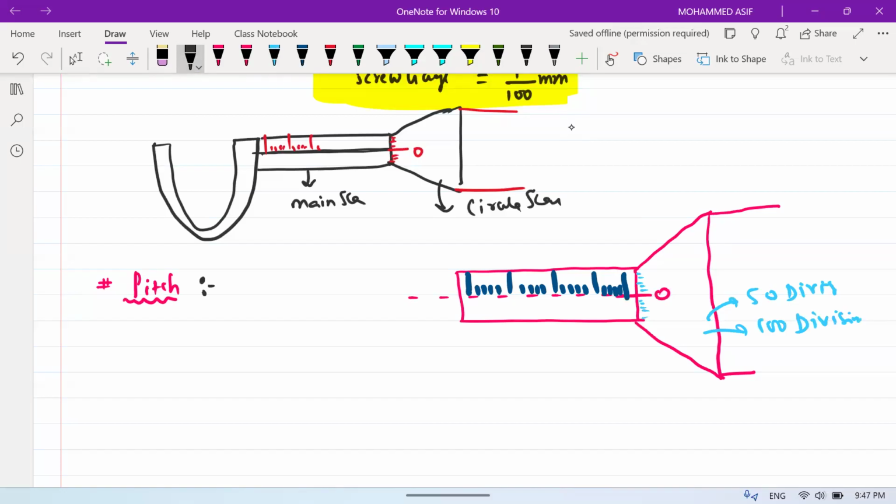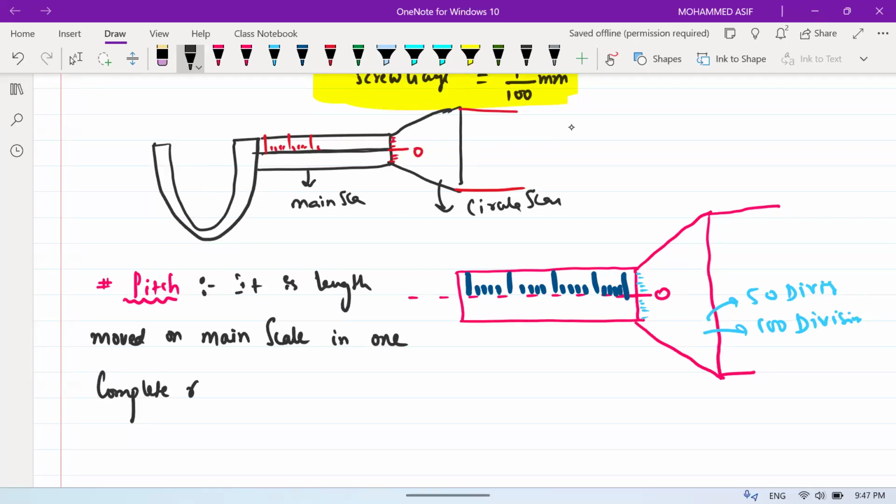Pitch is nothing but horizontal distance. I can say it is the length moved on the main scale in one complete rotation of the circular scale. इसका मतलब क्या है बेटा? ये जो सर्कुलर स्केल है, this one is right now for me your circular scale. एक बार मैं अगर पूरा घुमाऊं तो this circular scale reading के ऊपर it will be moving by your 1 सेंटीमीटर, like say इसके सामने ऐसा जाएगा.